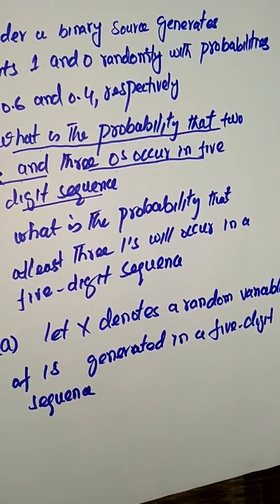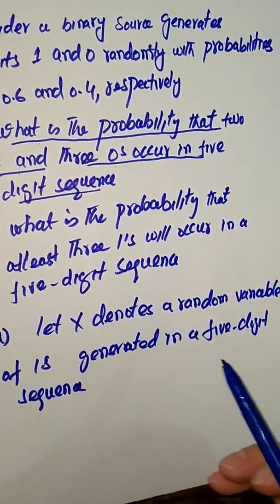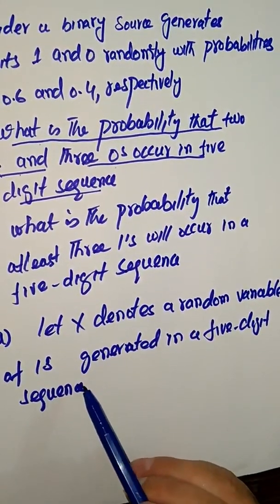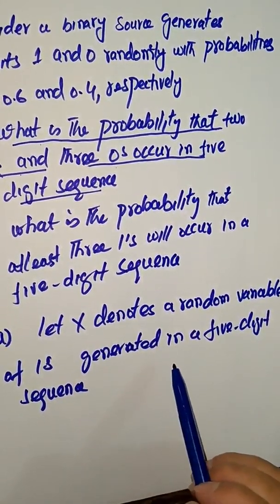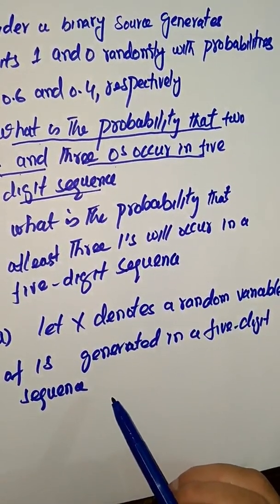So let us suppose X is a random variable of ones generated in a 5-digit sequence.